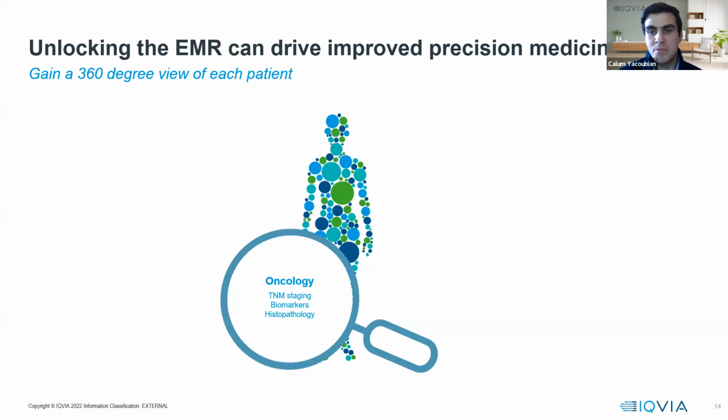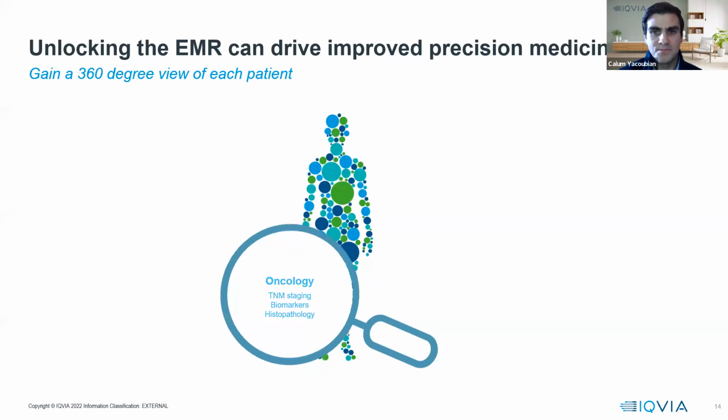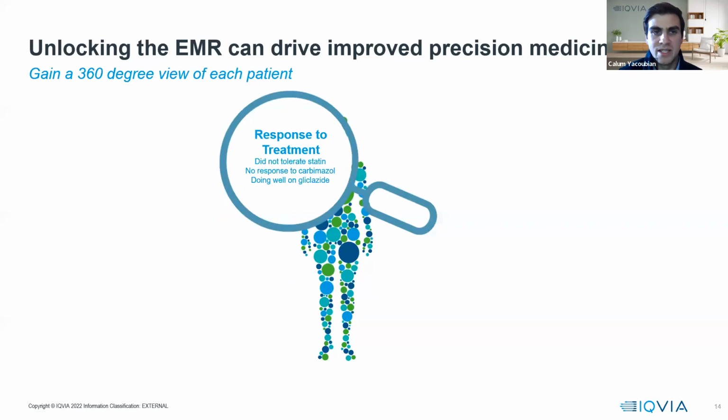So TNM, their biomarkers, their histopathology. Very rarely do we see that information in structured format. And then other areas such as responses to treatment, looking at maybe a relationship between certain treatments and adverse events, etc. All of this information, our toolkit is very well suited to extracting when we take that blend of machine learning and ontologies to get the most accurate results.